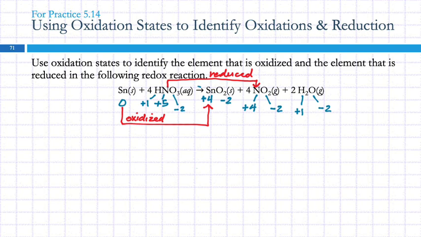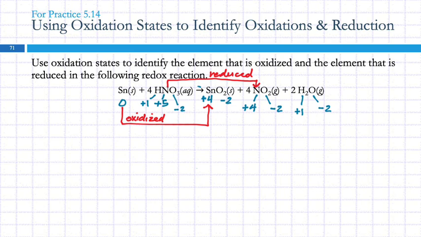So the nitrogen was reduced. Here, oxygen's -2. Oxygen is all over the place over here, but it's still -2. So nothing happened to the oxygen either. So we would say that tin is oxidized and nitrogen is reduced. The nitrogen inside that molecule was reduced.